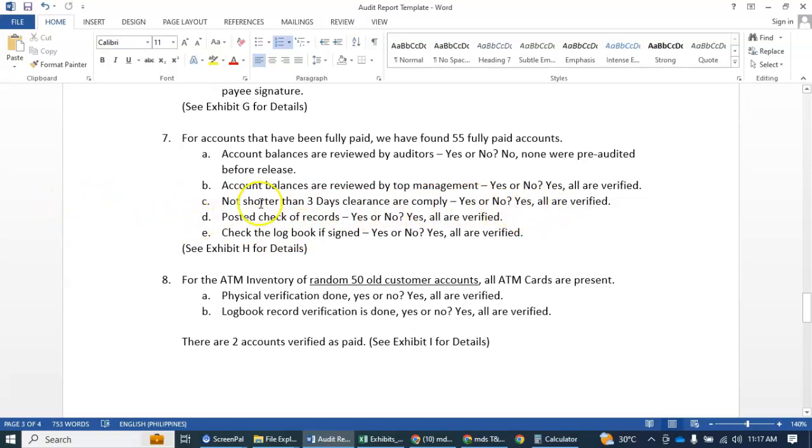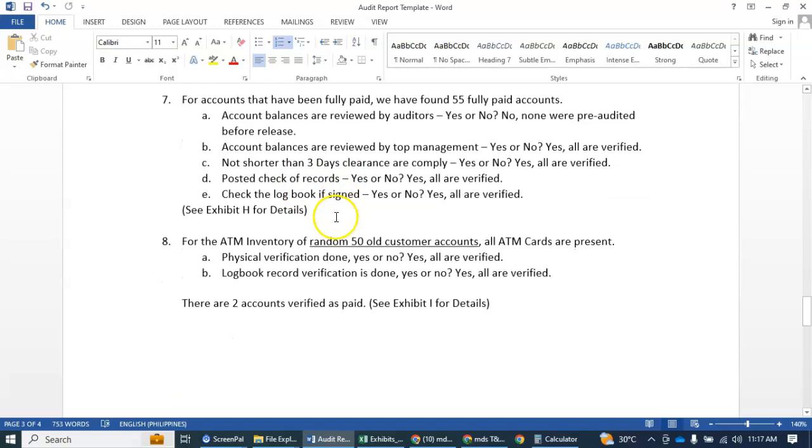Sometimes they are not complied with because the customer's place is really remote, and they go to the town seldom, so they have no time for another day to come and get their ATM card.